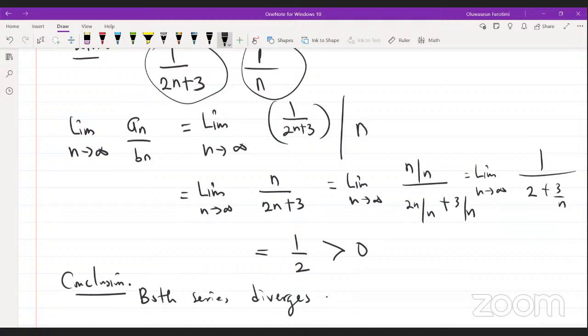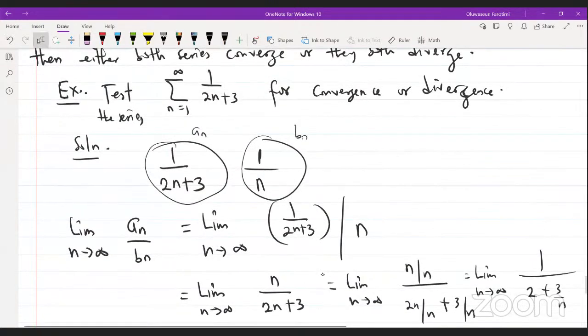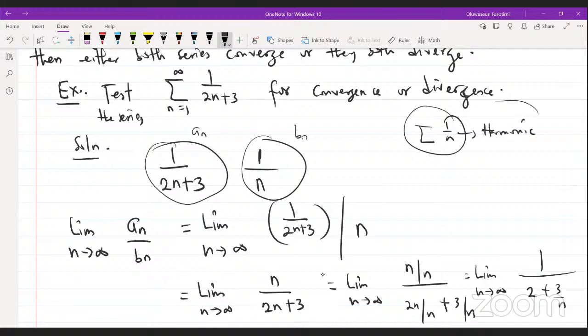You just got a number bigger than 0. Why does it diverge? Simple, guys. That's because my series of bn is a harmonic series. Because it's a harmonic series, life becomes easy. So keep in mind that this guy is a harmonic series.